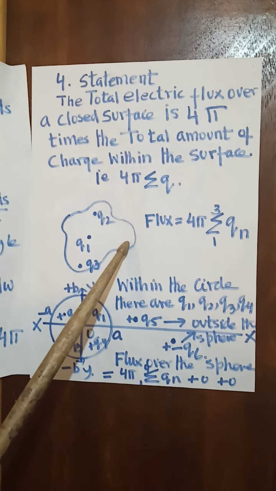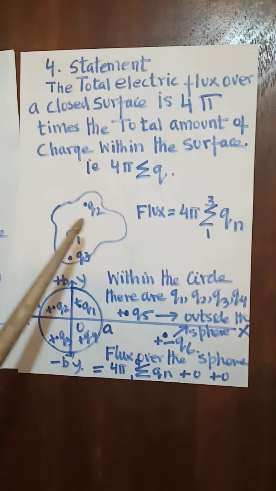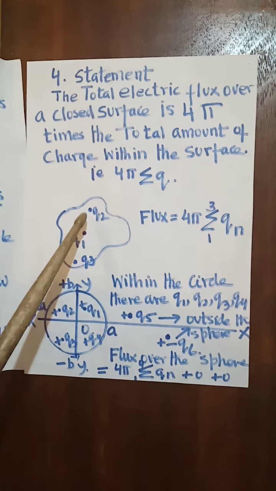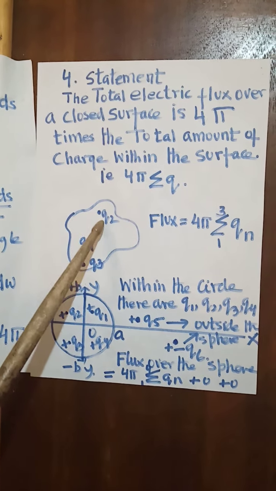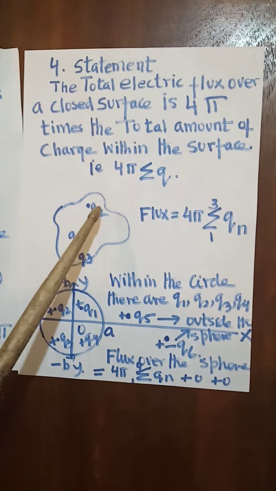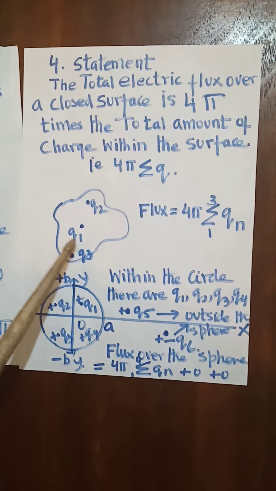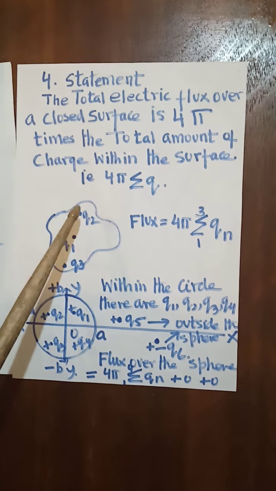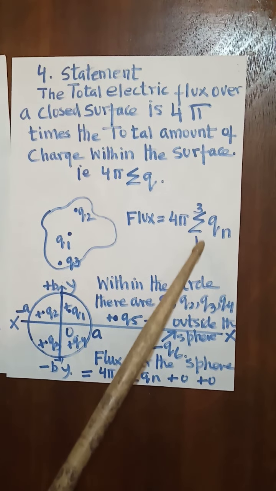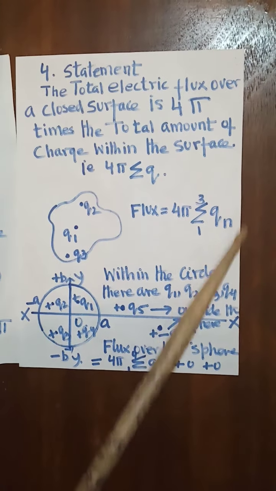See, a plastic volume of plastic. I just put a hole there. I blow it. So inside are Q2, Q1, and Q3 charges, all plus. So what will be the flux? It will be 4 pi times Q1 plus Q2 plus Q3. So summation of Qn, n is 1 to 3. So this is the flux.